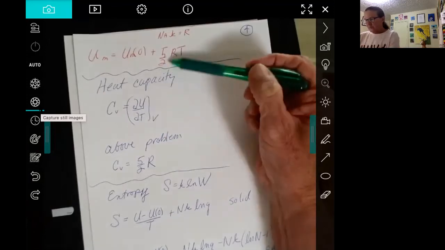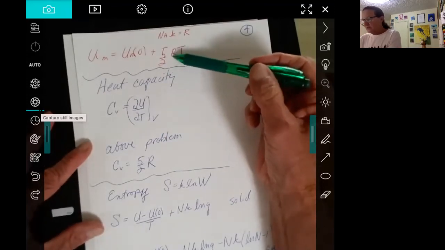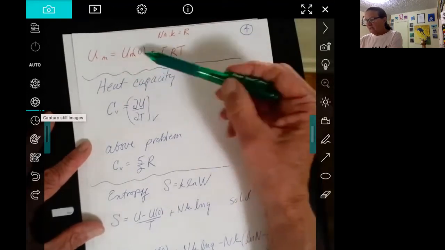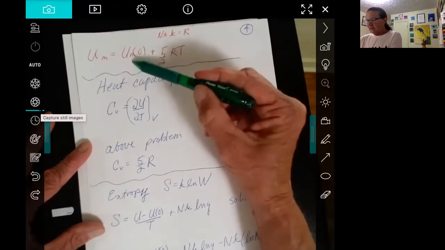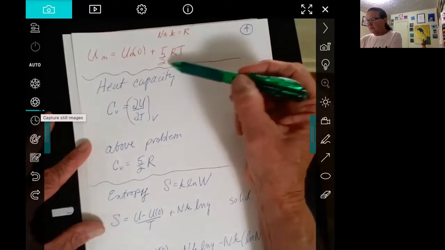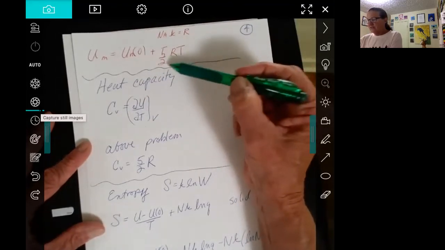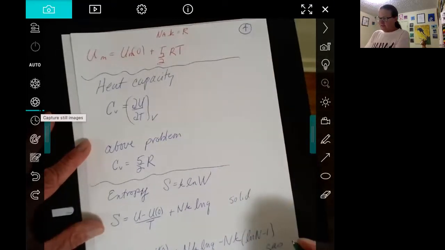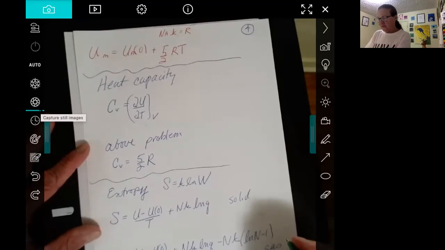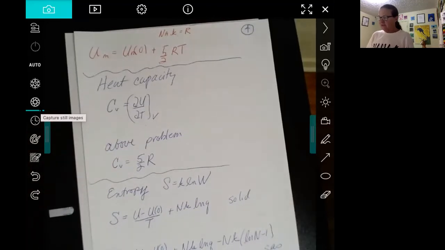For the above problem, if I wanted the heat capacity for this system, I would take the derivative with respect to T, and the derivative of a constant is 0. The derivative of this with respect to T is 5 halves R. So the heat capacity for that system we did in the self-test would be 5 halves R. Once you get the internal energy, it'll be fairly easy to take that derivative.